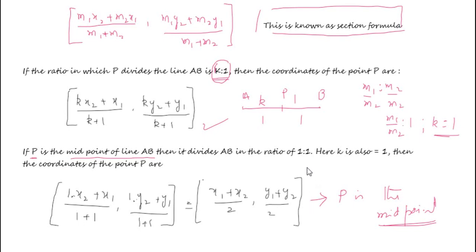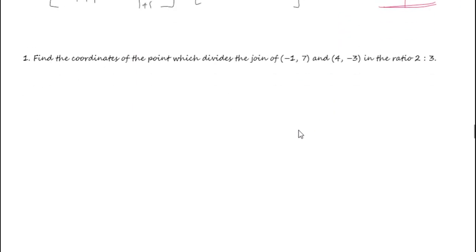Now let us get into solving some exercises. First one, find the coordinates of the point which divides the join of -1, 7 and 4, -3 in the ratio of 2 colon 3.